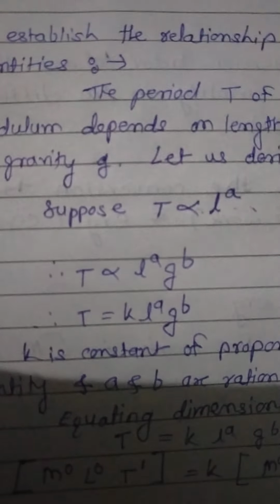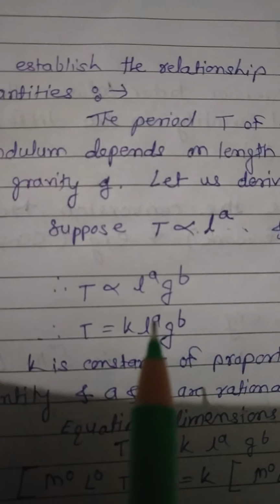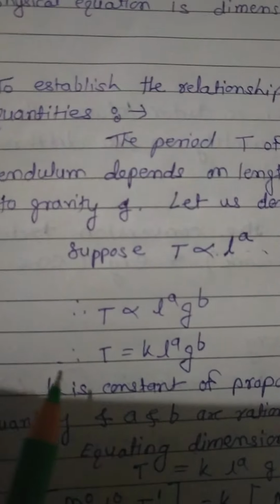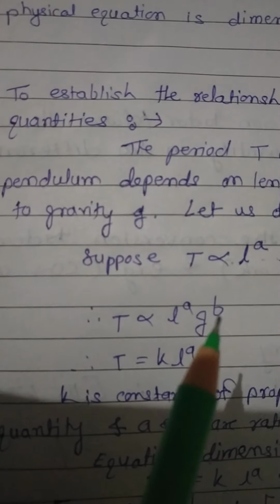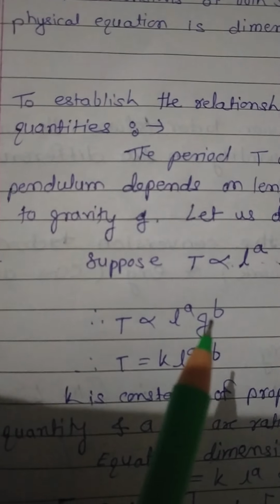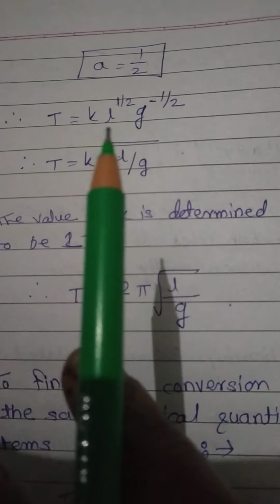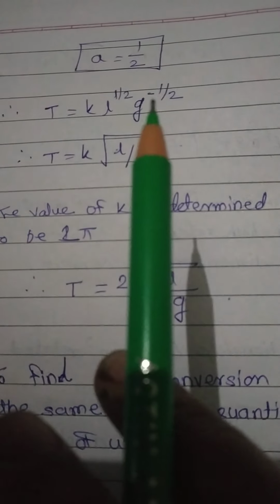So we get our equation: T is equal to k L^a g^b, where we found a is plus half and b is minus half. So put the values of a and b, and we get T is equal to k L^(1/2) g^(-1/2).